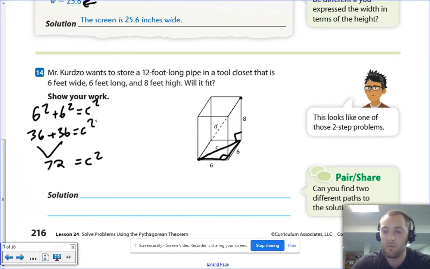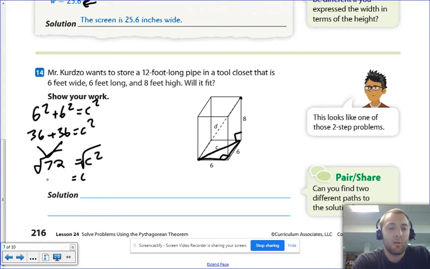Last step to solve, take the square root. So C equals the square root of 72. Use your calculator, please. Square root of 72. What'd you get? I got 8.5 if you round it.